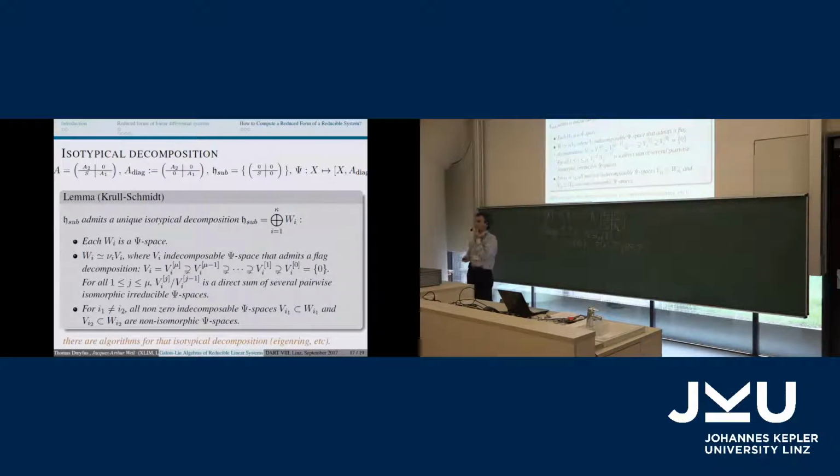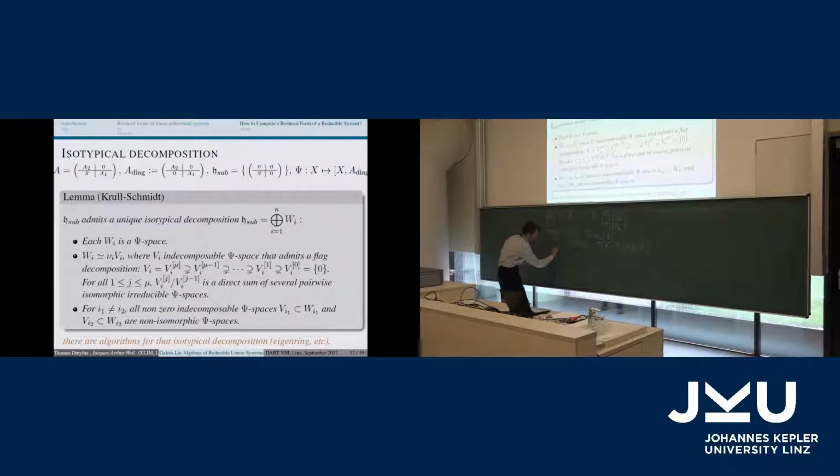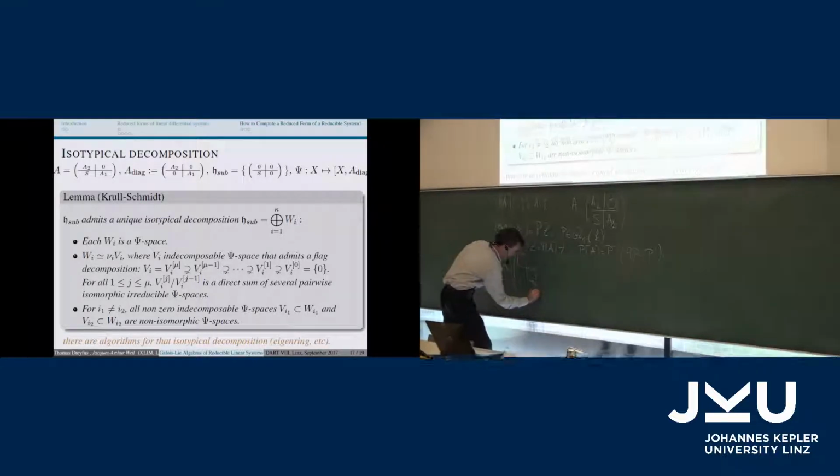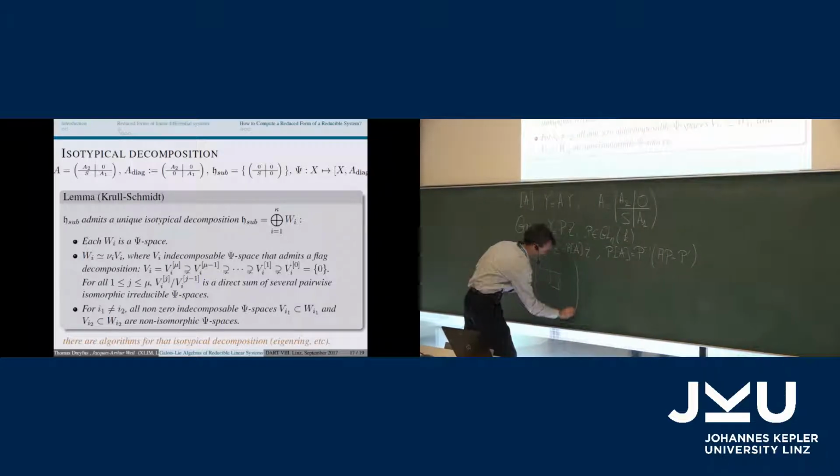So that's an unreadable slide, but at least some of you know that, and if you don't, it's almost as if you did. The isotypical decomposition means that the matrix of psi, you can write it as a direct sum of blocks like this.